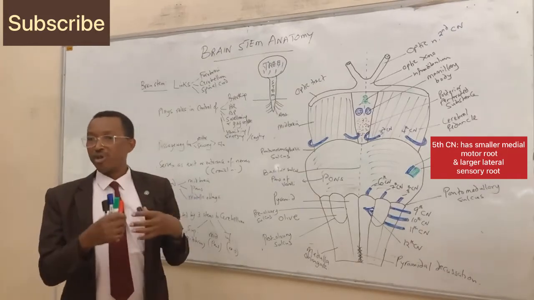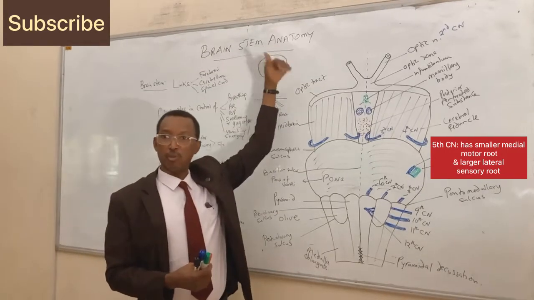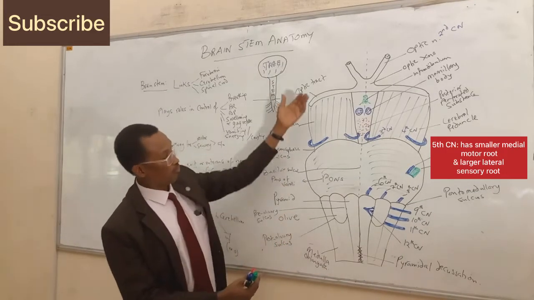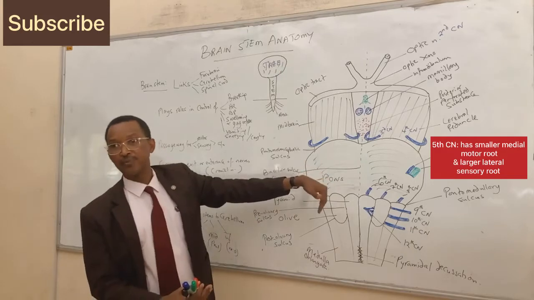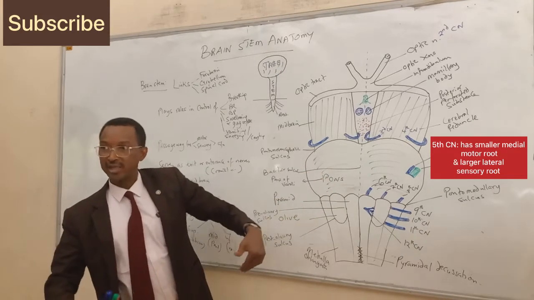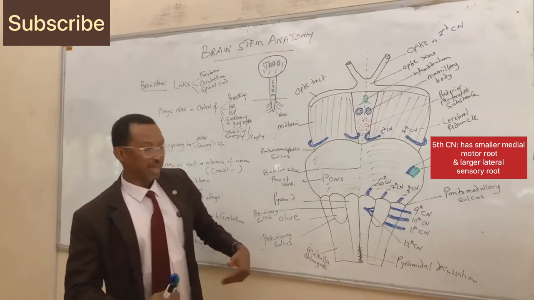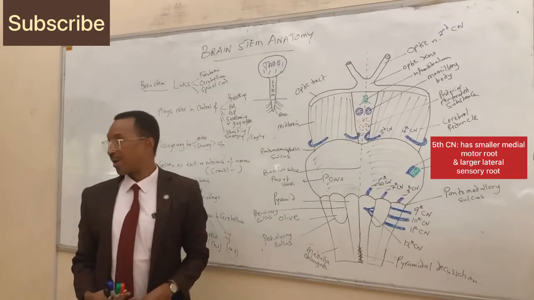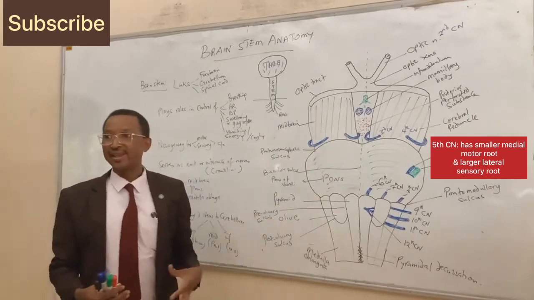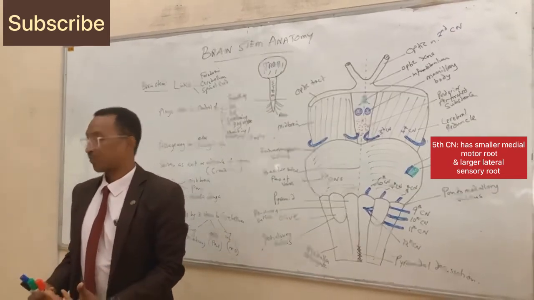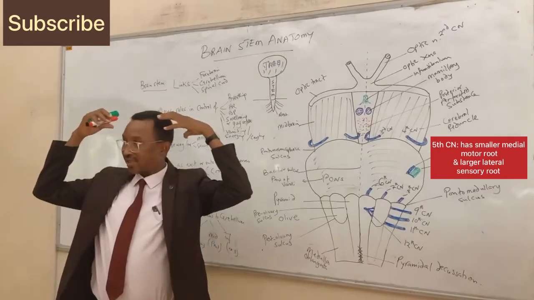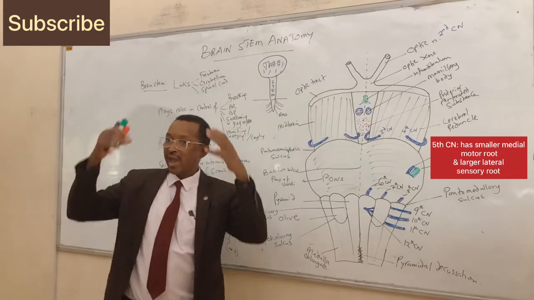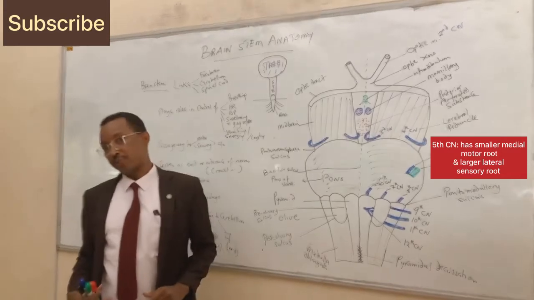Because all this information, whether motor information from above or sensory information from below, either comes from above and goes through the brainstem, or comes from the external environment or from any other part of our body down to the brainstem. Are you clear? So the brainstem is just like a link between the higher centers and the lower centers. So it's a link between high up and the lower down.